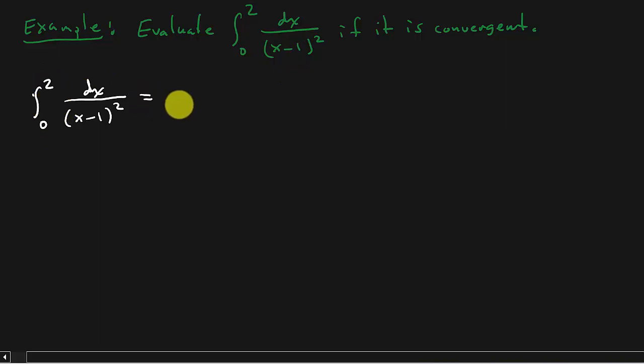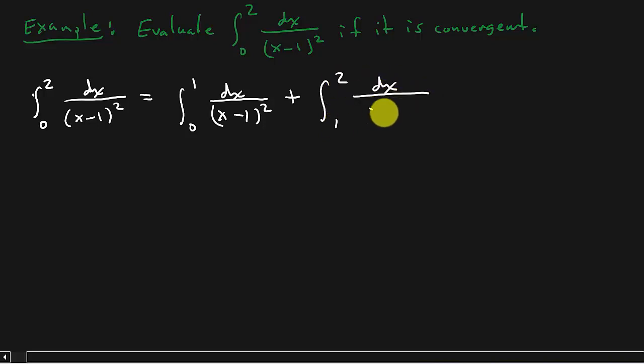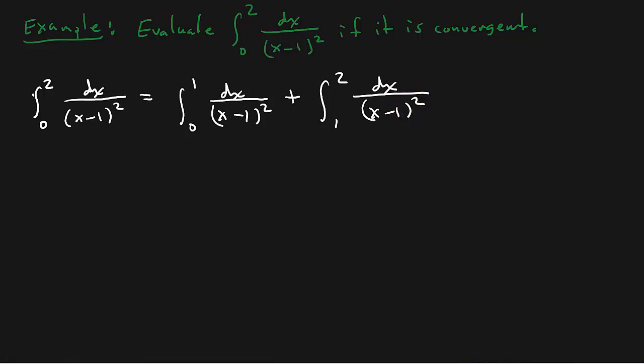So what we'll do is break this up: the integral from 0 to 1 of dx over x minus 1 squared, plus the integral from 1 to 2 of dx over x minus 1 squared. This is kind of like the last one, where we're going to do each one of them separately.